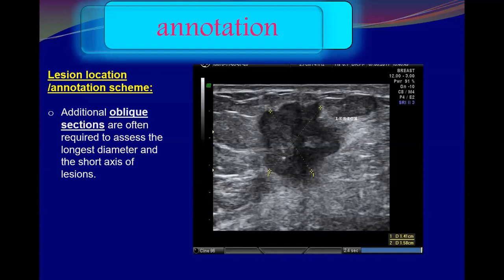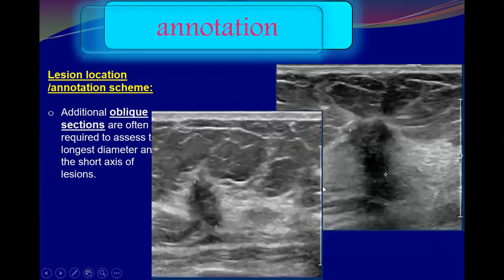Then we angulate and oblique the transducer until we get the maximum dimension of the lesion, then measure the maximum dimension, and then take a perpendicular measurement to the maximum dimension. Look at the measurement here, the maximum, then perpendicular to the maximum dimension.